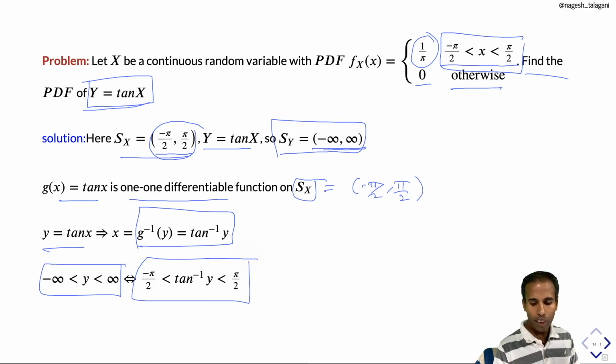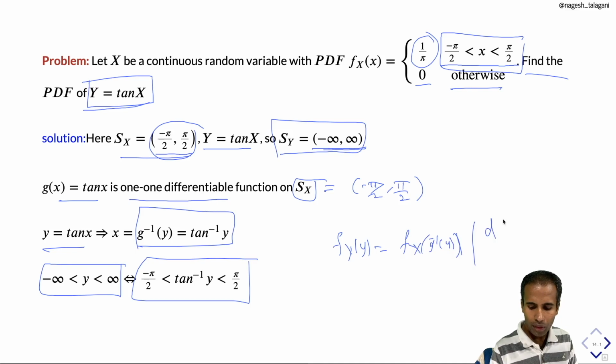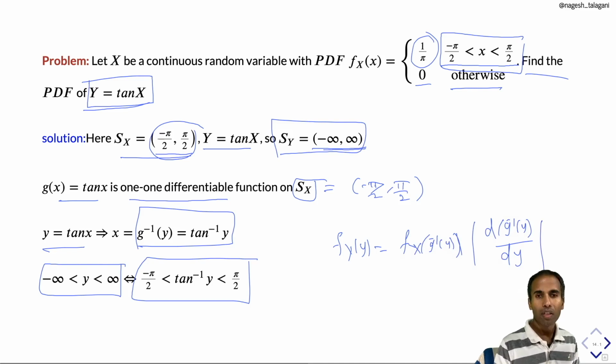Now, how do you get the PDF of Y? PDF of Y is what? f_X of g inverse y and the modulus of the Jacobian, which is the derivative of g inverse y. Here what is f_X(x)? 1 by pi for x between minus pi by 2 and pi by 2, 0 otherwise.